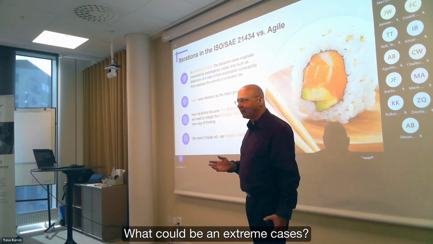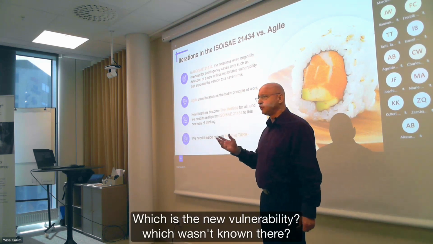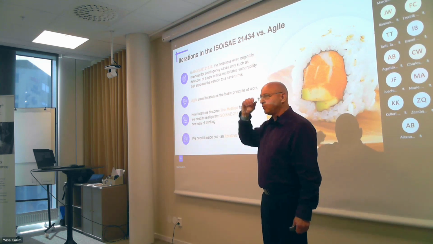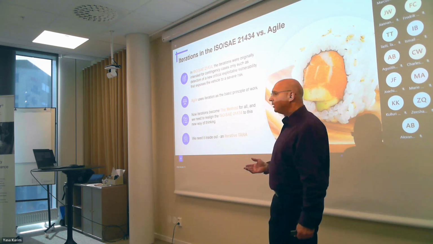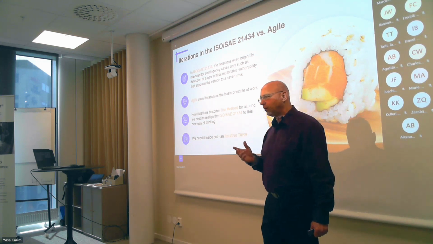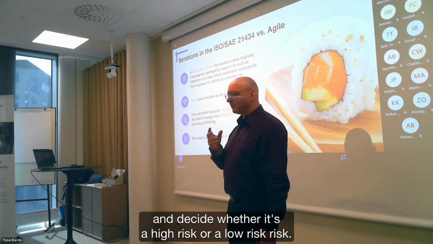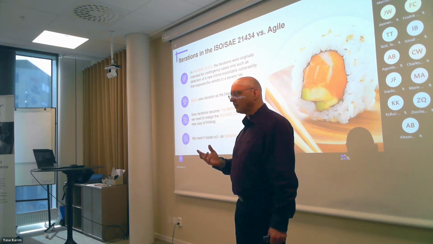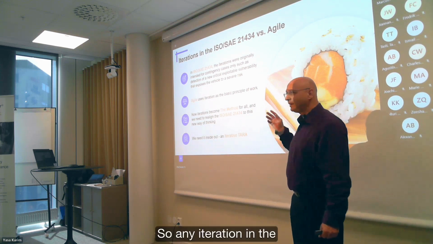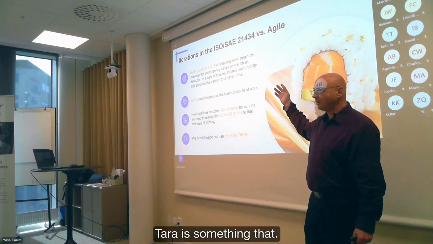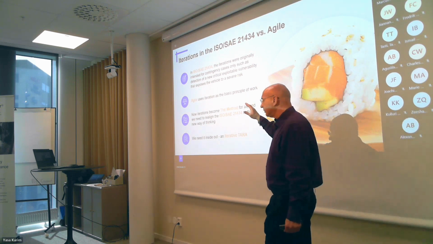What could be in extreme cases? 2 years, as I said, you might find log4j, which is the new vulnerability, which wasn't known there, which many IVIs can be attacked through it. You need to understand the impact of this new vulnerability on the vehicle and decide whether it's a high risk or a low risk. If it is a high risk, then you need to take action, such as software update. So an iteration in the TARA is something that, to happen, something very extreme needs to happen.